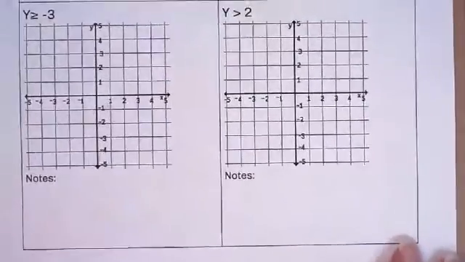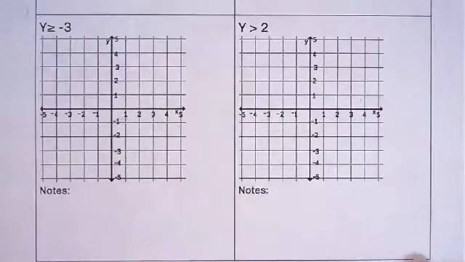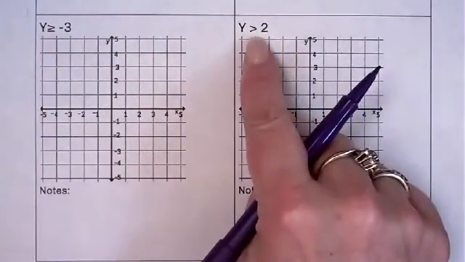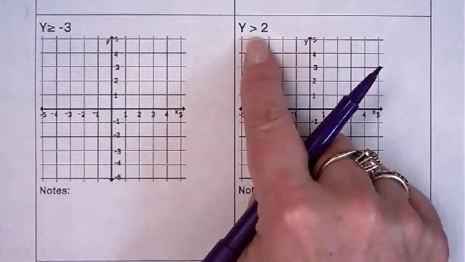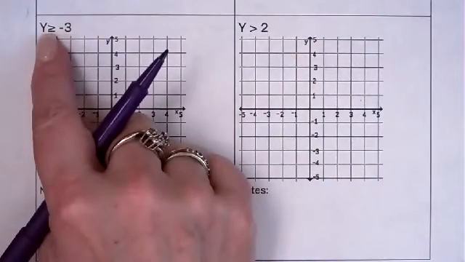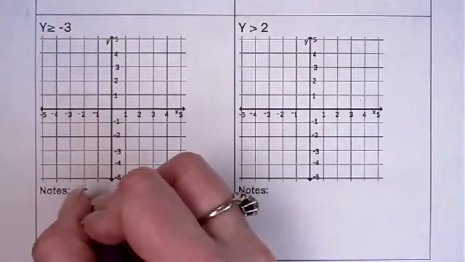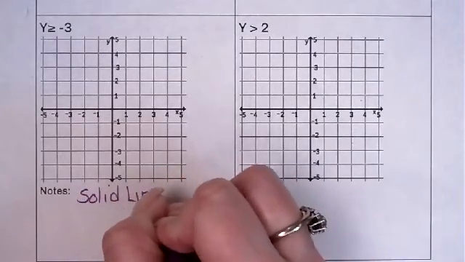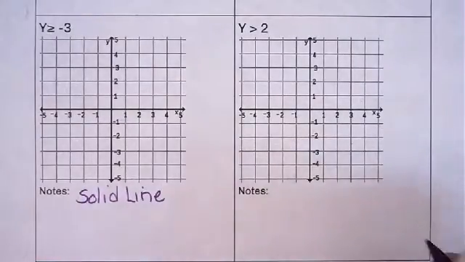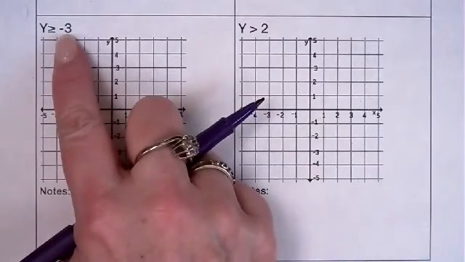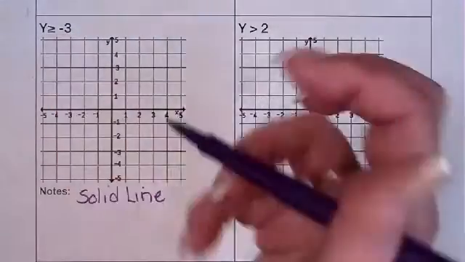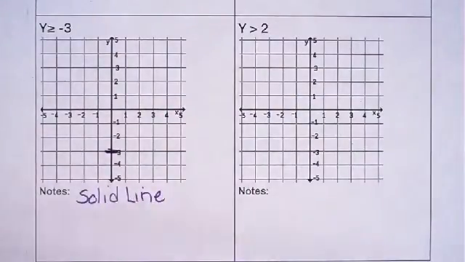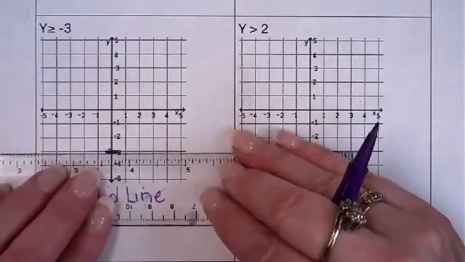Now, our next two examples are similar but different because it's greater than or equal to and just greater than. So let's make an example of that. If I have greater than or equal to, I'm going to have my solid line, just like before with the equal to part. My line is going to go through the y-axis at -3. So right here, lay this down.